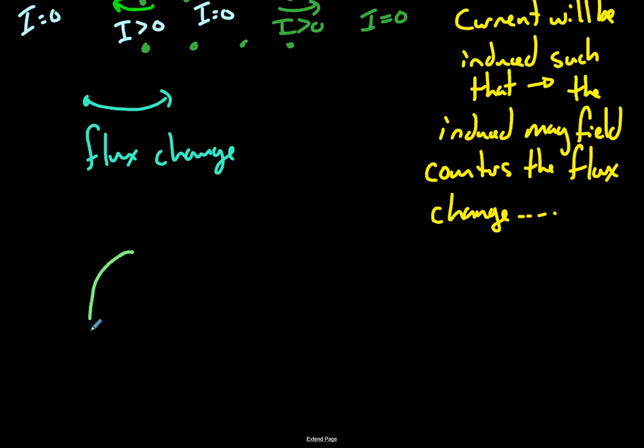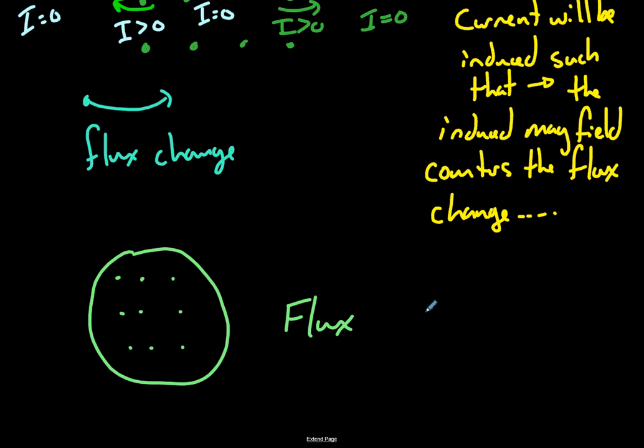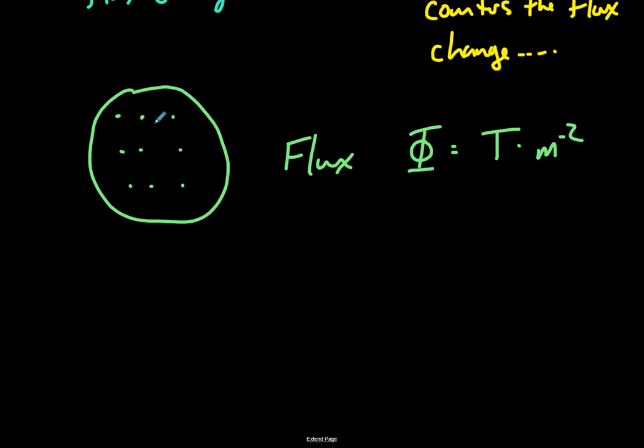Flux is this concept. If I have a coil of wire and I have a magnetic field inside of it, I say this term flux, which has this symbol right here, is equal to Teslas times square meters. How many Teslas multiplied by the square meters of this thing? Sorry, just fix that. It's not per, it's times. It's Tesla meters squared.